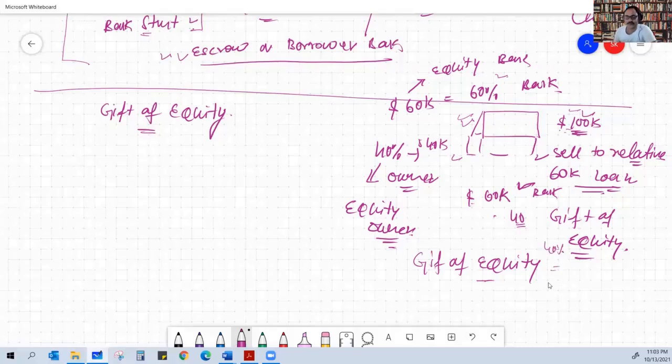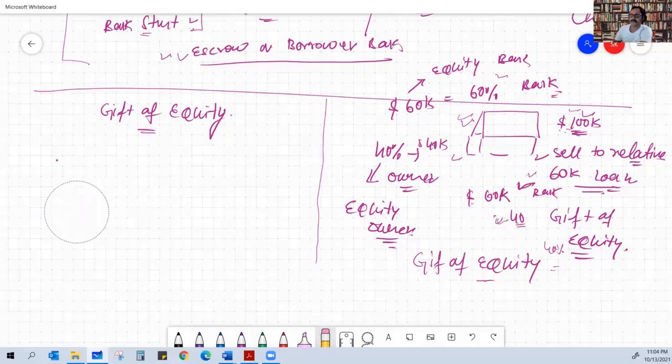That gift of equity letter needs to be from the seller. There won't be any funds paid to the seller. The existing loan will be paid by the borrower, and the rest is given as a gift of equity to the borrower.